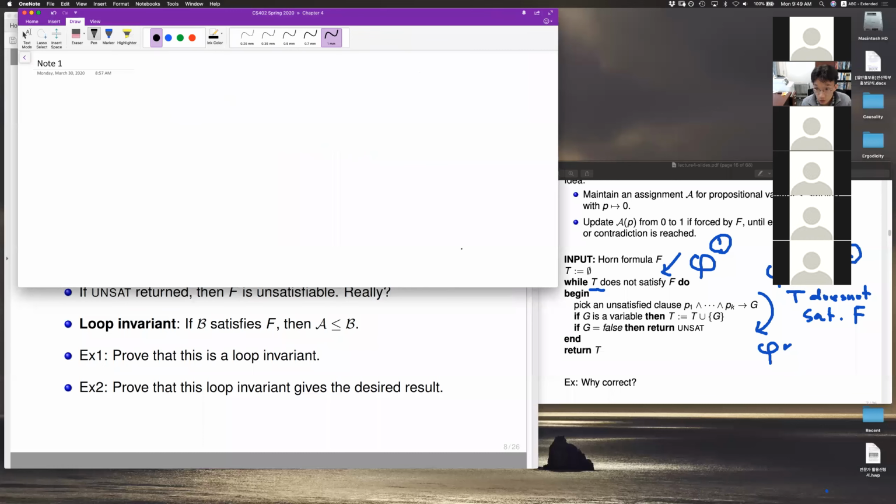So we have to show that we have the invariant in our case.